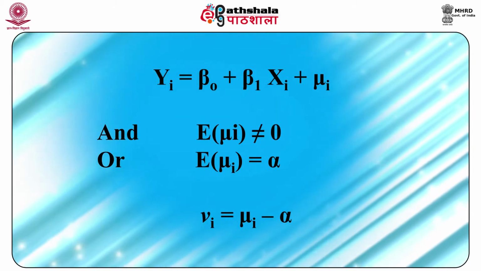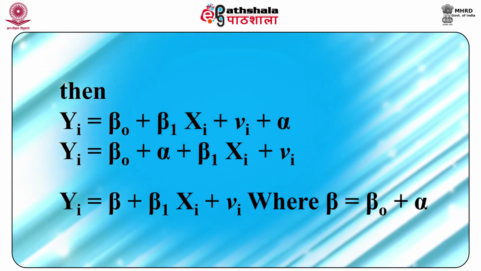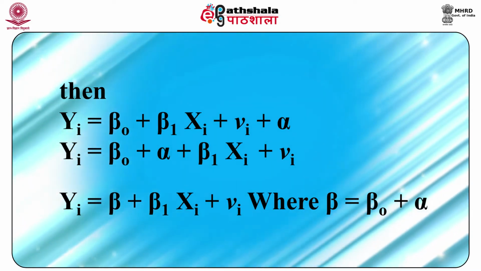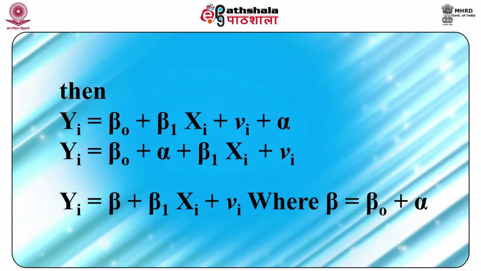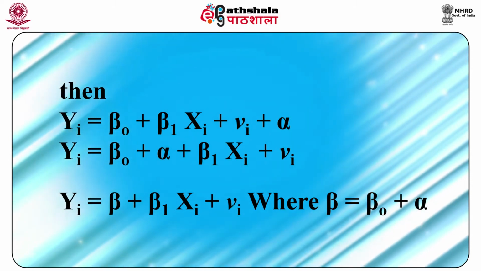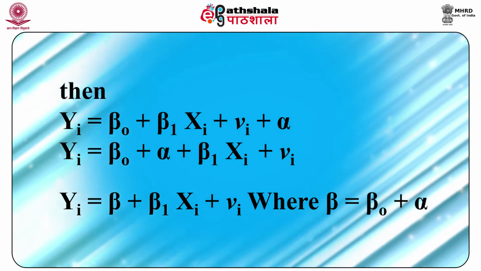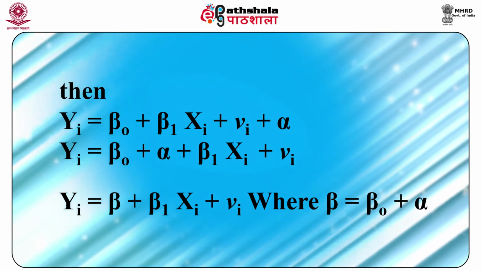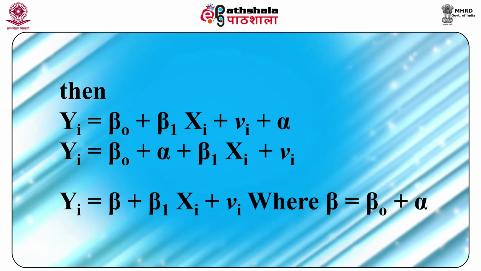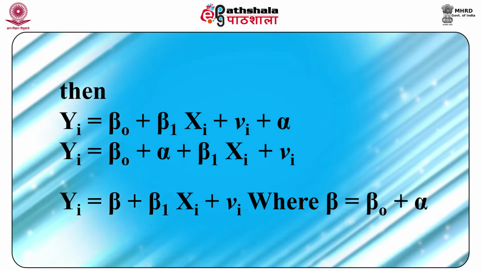So let Vi be equal to mu i minus alpha. Then yi is equal to beta 0 plus beta 1 xi plus Vi plus alpha, by substituting the value of mu i in the population regression function. So yi in that case is equal to beta 0 plus alpha plus beta 1 xi plus Vi. We have rearranged these terms. We can write yi is equal to beta plus beta 1 xi plus Vi, where beta is now equal to beta 0 plus alpha.